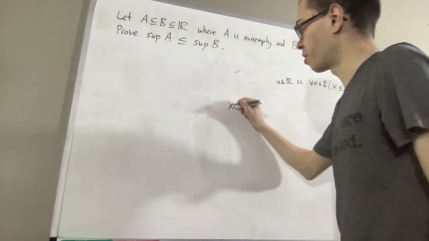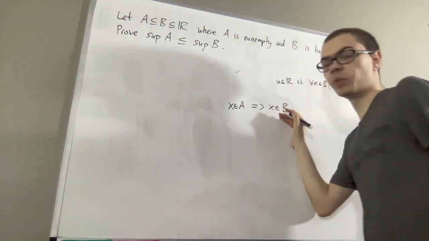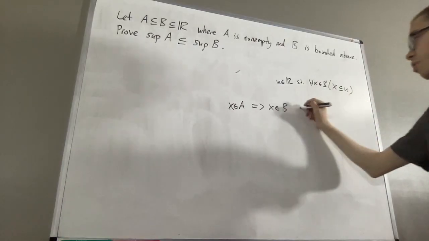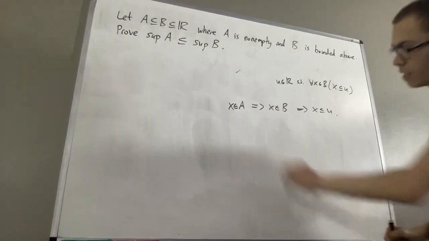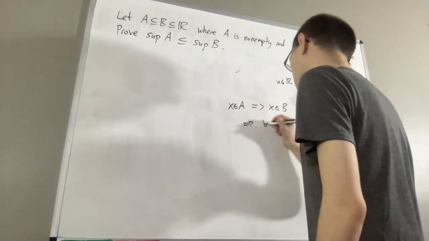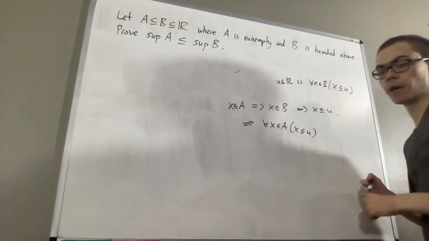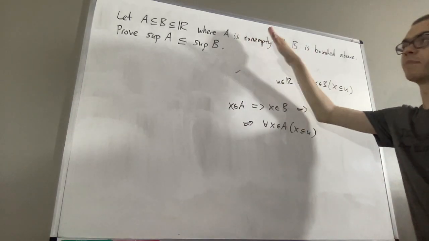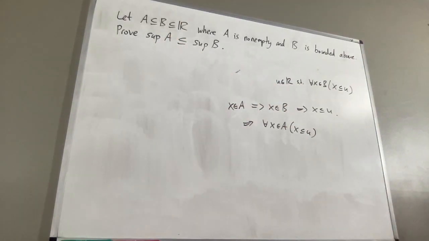Because if we consider an arbitrary element x in A, it follows x is an element of B, because A is a subset of B. Since every element of B is less than or equal to u, it follows that x is less than or equal to u. So we see if x is any element of A, then x is less than or equal to u, and therefore, for all x in A, x is less than or equal to u. So u is an upper bound of A, and that proves A is bounded above. So since A is non-empty and bounded above, by the completeness of R, the supremum of A exists.